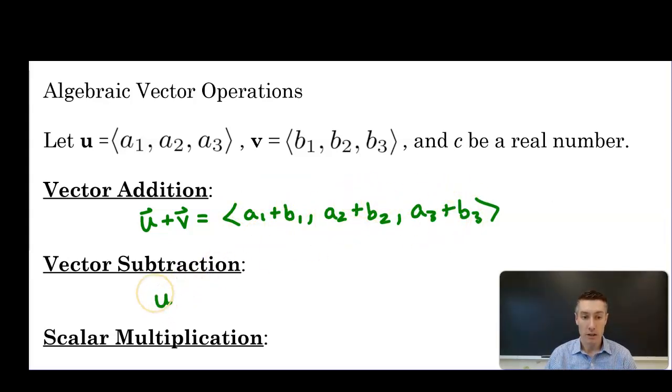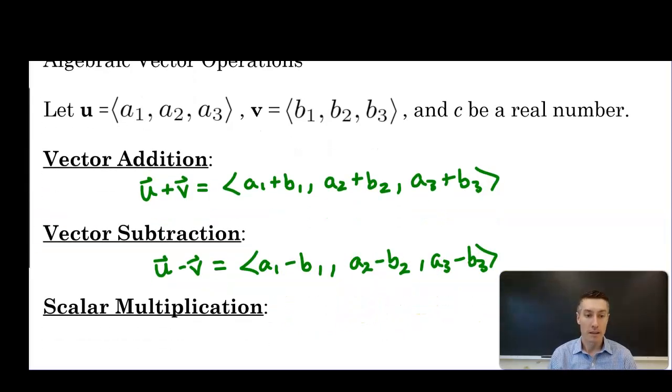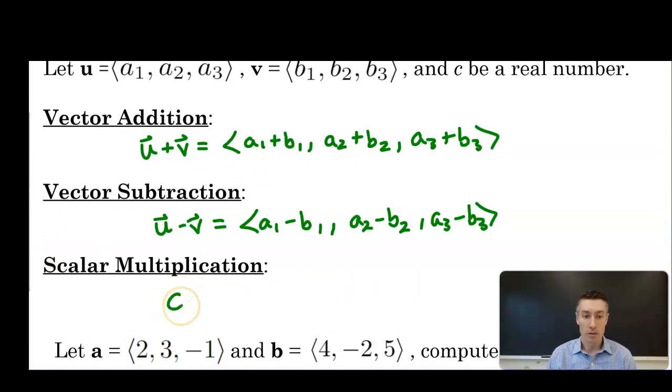Then vector subtraction, so u minus v is a1 minus b1, a2 minus b2, a3 minus b3. Now we subtract the like components. And then scalar multiplication, so if we have c times vector u, that's going to be ca1, ca2, ca3. So we multiply each component by the scalar c.